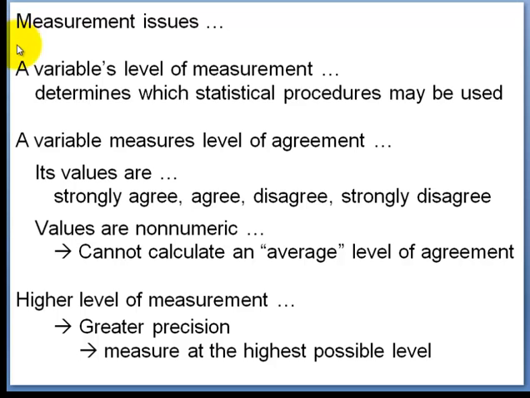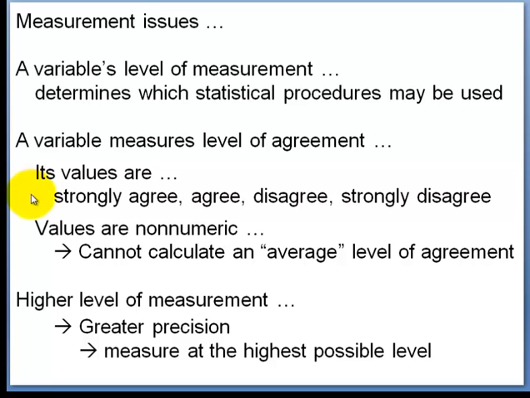A variable's level of measurement is oftentimes very important in determining which statistical procedures can validly be used. Suppose, for instance, that a variable is measuring level of agreement with something, and that its values are strongly agree, agree, disagree, strongly disagree.